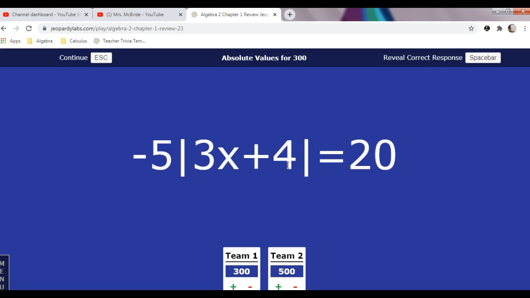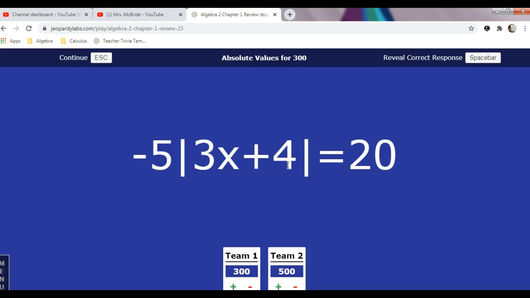Why'd you erase it all? Okay, remember, anytime you have an absolute value, first step is to isolate the absolute value. So, Joe, great job. You divided both sides by -5.